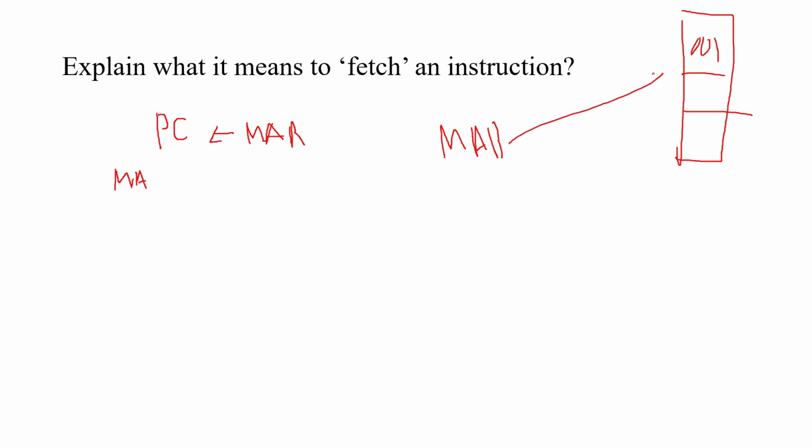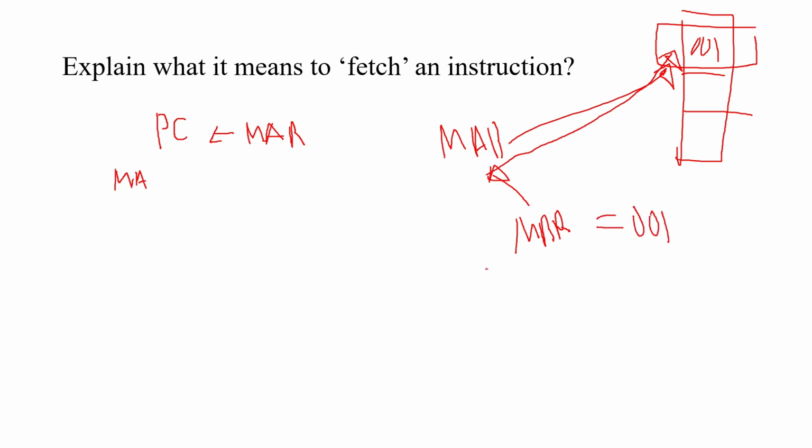So MAR is pointing to the instruction, and what MBR does, it reads MAR, it can locate what point in memory MAR has, and it goes to that memory. It's a very, very simplified version. And it copies whatever instruction or data is in this memory, and now MBR has the instructions for whatever is in address 001.